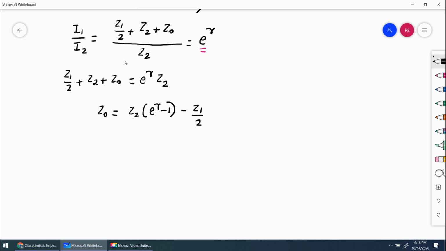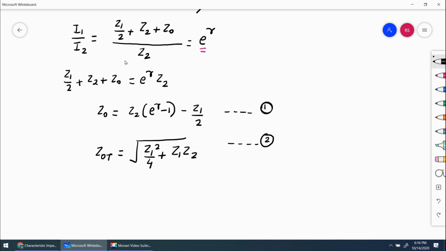We already know that the characteristic impedance of a T network is given by Z0T is equal to square root of Z1 square by 4 plus Z1 into Z2. Now suppose this is equation 1 and suppose this is equation 2.